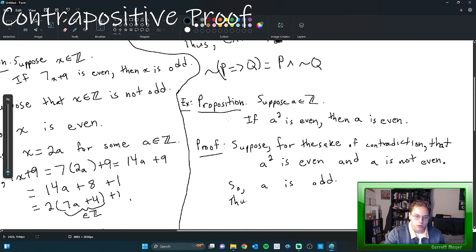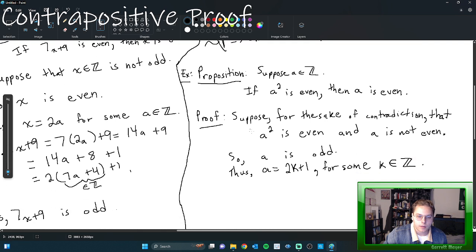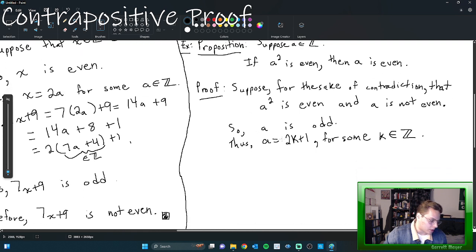Thus, a equals, we'll say, 2k plus 1. The specific letters that you use don't matter. I know that in the definition I think I used a different letter, but they're just stand-ins for the concept. So that means a is 2k plus 1.